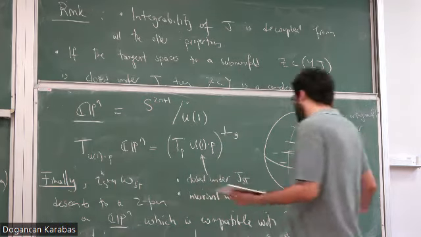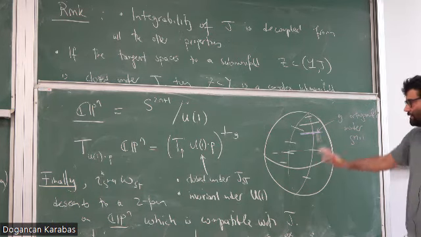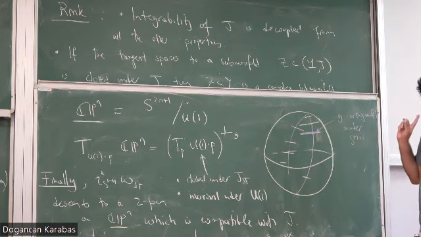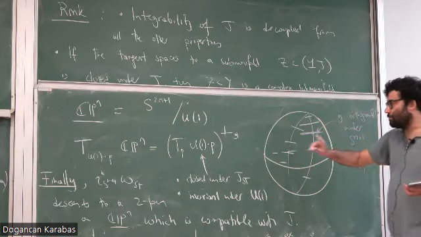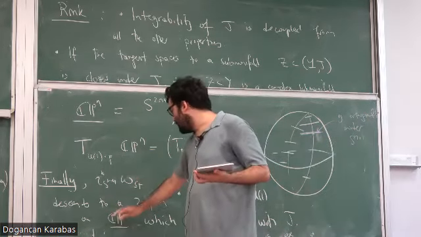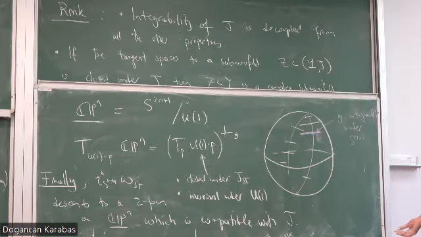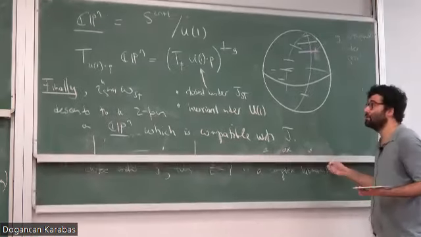Okay, so there was one thing that I didn't show here. I said many things, and these many things combined together prove everything that's written here, except one thing, which is that this is supposed to be also closed. So how do I prove that this omega that I get on CP^N underline is closed? Okay, so there's a very nice way of seeing this, and I want to just sketch that.